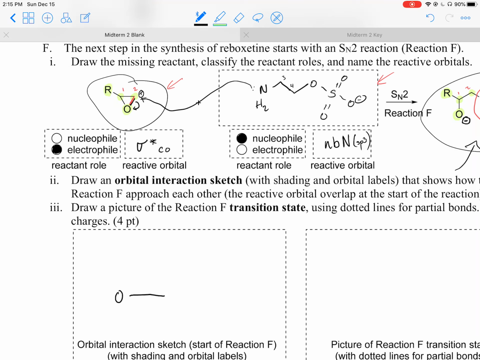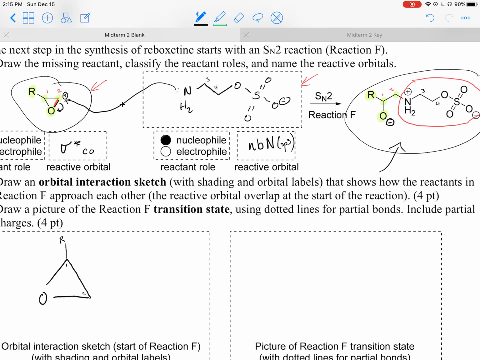So that means that we're going to have the bond up here, the carbon 1 bond between carbon 1 and carbon 2. This is going to be R. We can label this as 1 and 2 if that makes it easier. And then we're going to have the nitrogen over here.